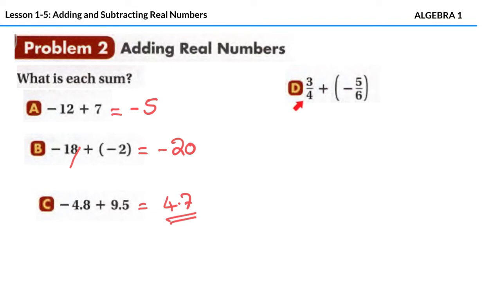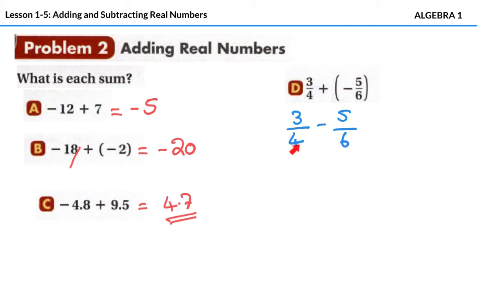Only then will you be able to subtract, correct? So let's rewrite this. 3 over 4, we are subtracting them, so minus 5 over 6. But since the denominators are not the same, we have to make them the same by taking the least common denominator.